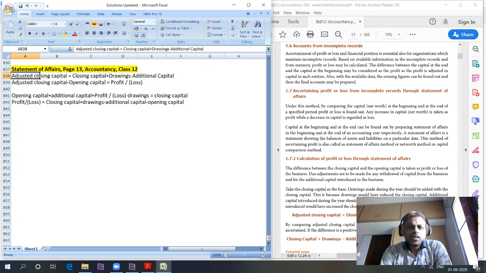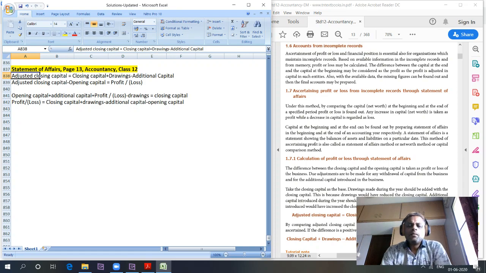The formula normally used is: adjusted closing capital is equal to closing capital plus drawings minus additional capital introduced. Additional capital is the new investment made in the business during the course of the year.